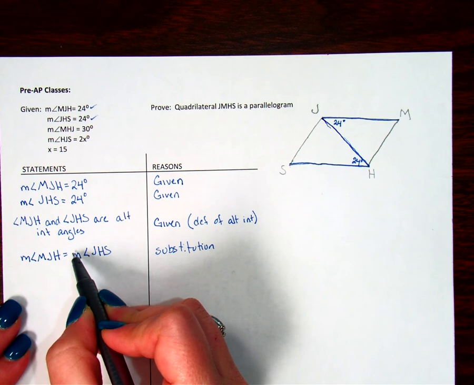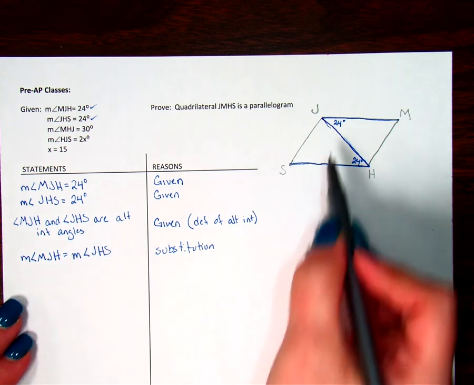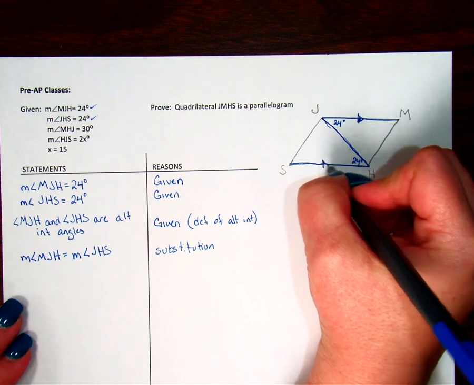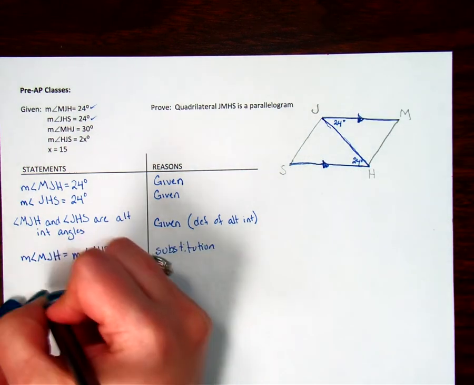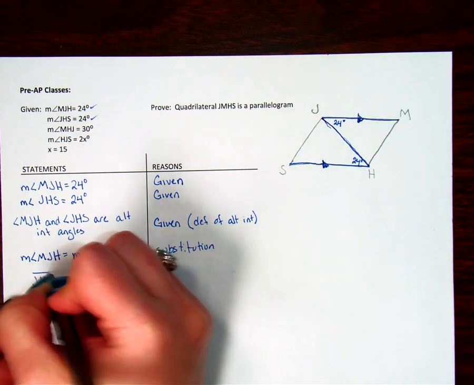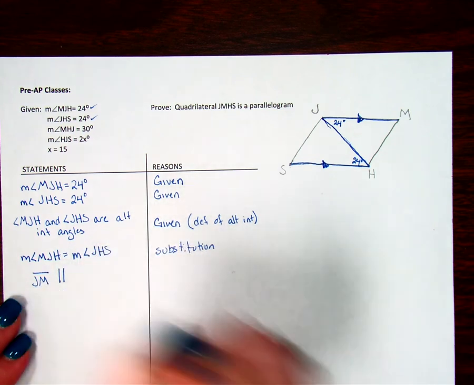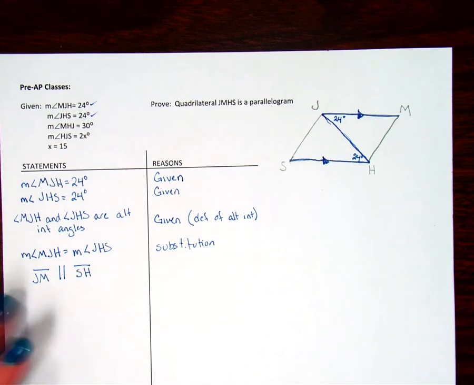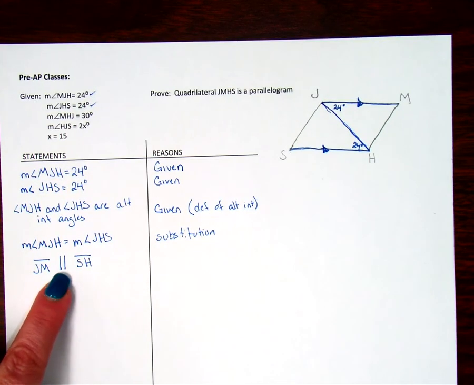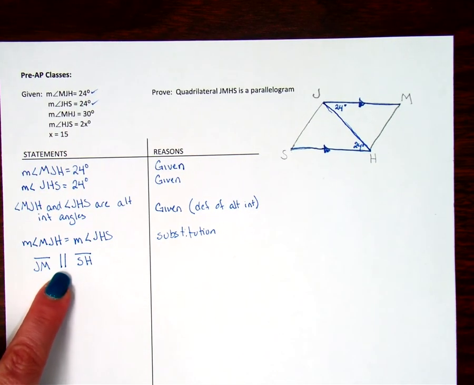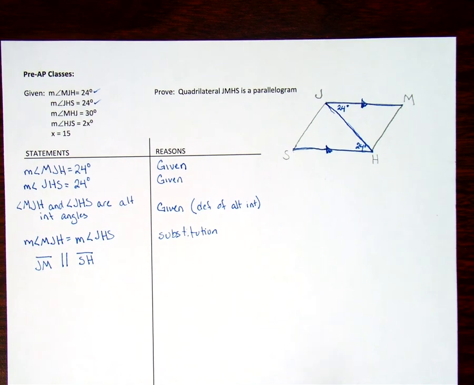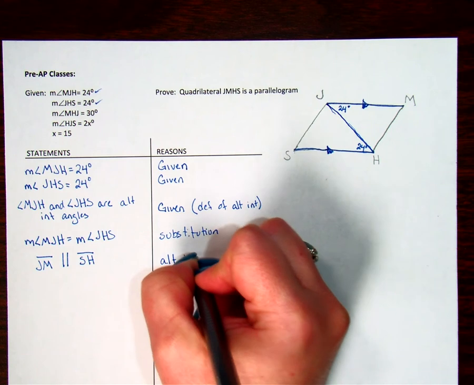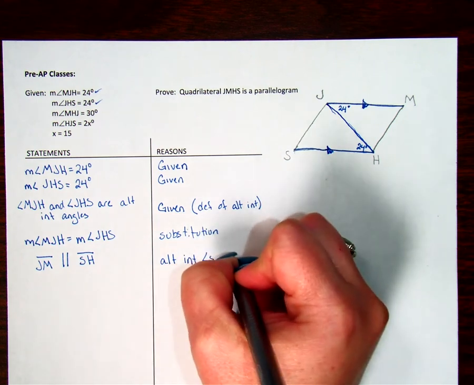They have equal measures, so that means I can say JM is now parallel to SH. Okay? If you don't remember that symbol means parallel, you probably should write it off to the side somewhere, right? Segment JM is parallel to segment SH because alternate interior angles are congruent.